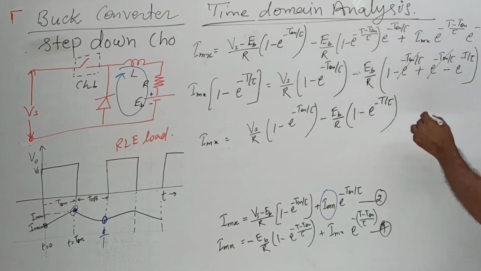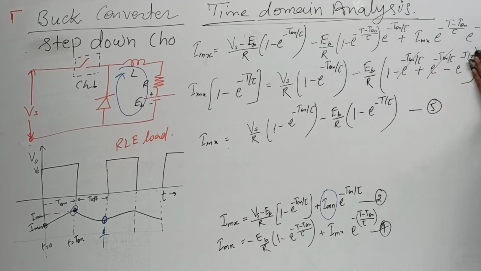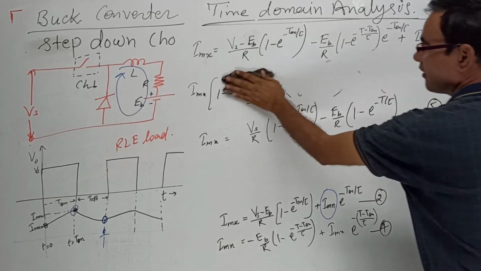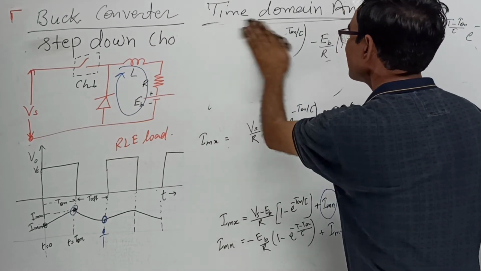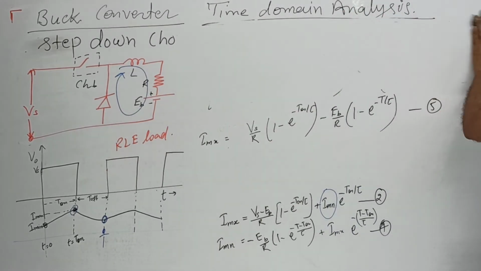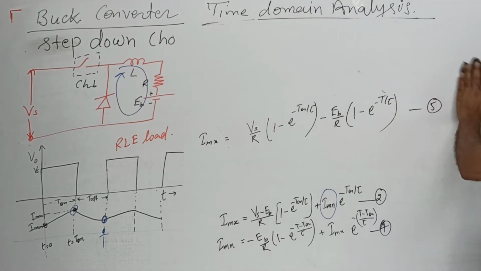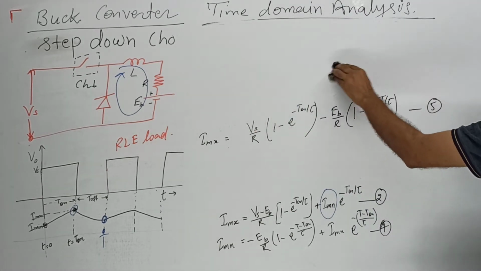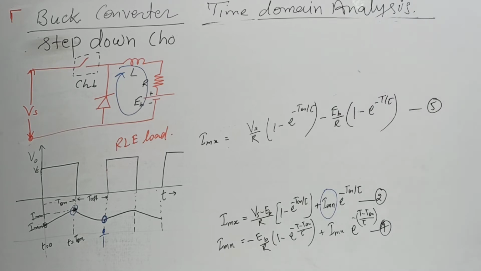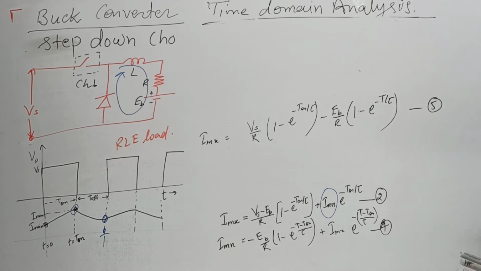From this is equation number 5, and now equation number 6 we will get. We'll try to simplify and find out the minimum and maximum values. Now the maximum value we know, the minimum value we will find.